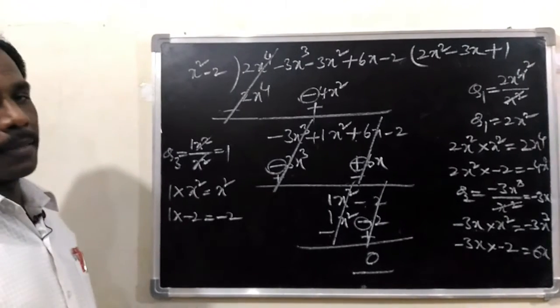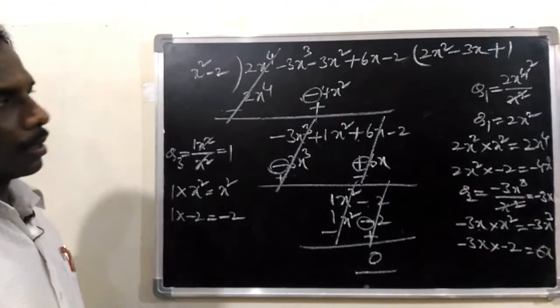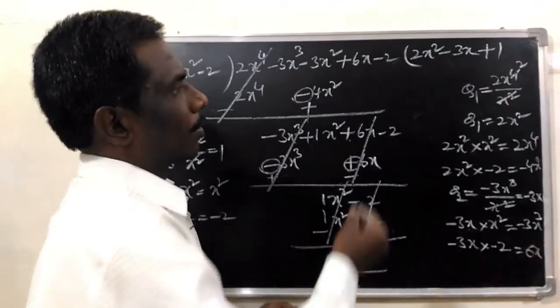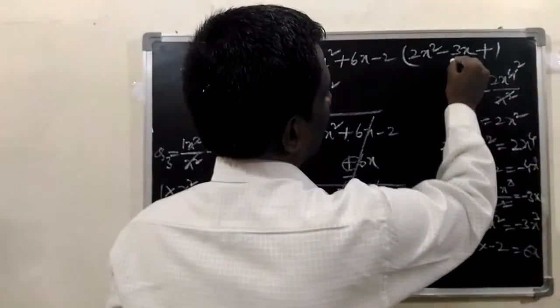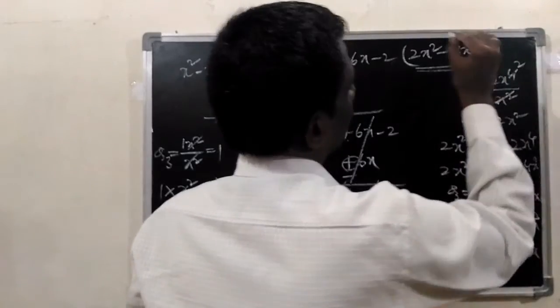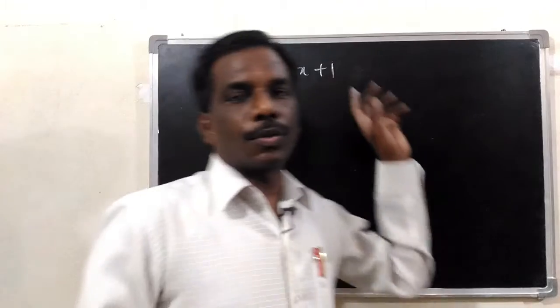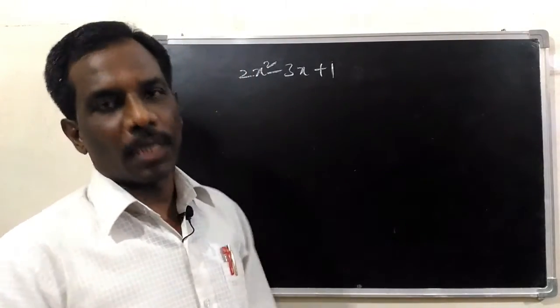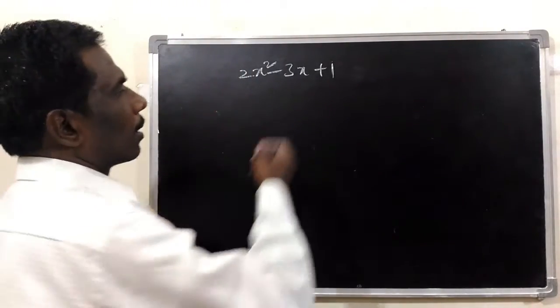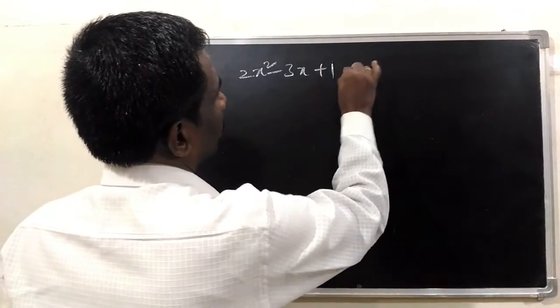Now we have to find 2 more zeros. So for that we should find factors for the quotient. Now I am going to find zeros for the quotient, so I am equating this with 0.